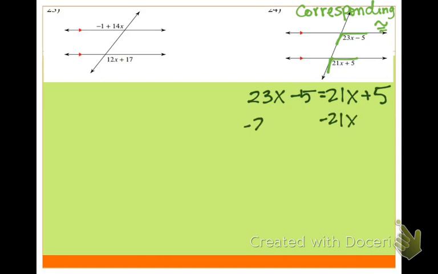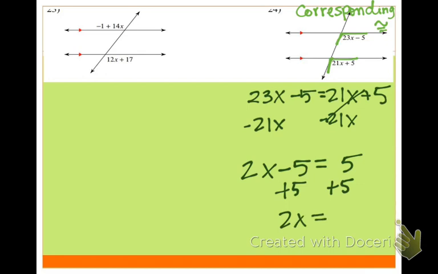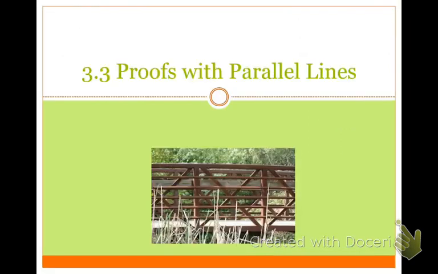So I'm going to subtract it. So 2x minus 5 equals 5. My next step is to add 5. So 2x equals 10. So then x finally equals 5. Good. You're going to go ahead and take out your homework.